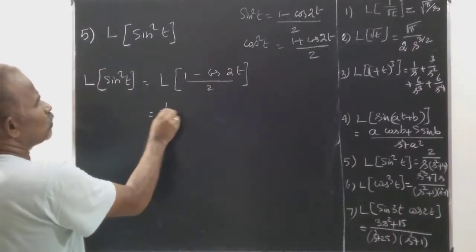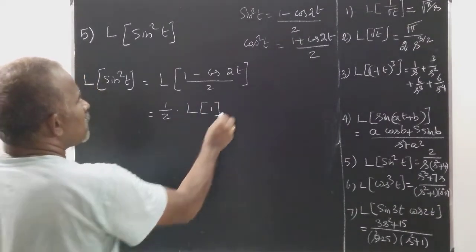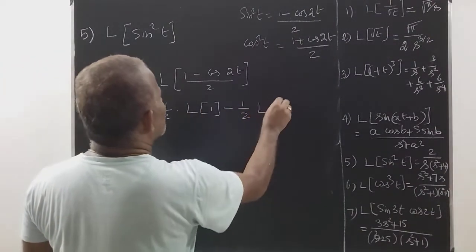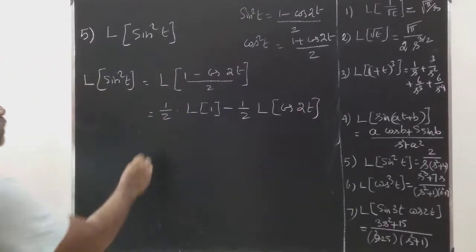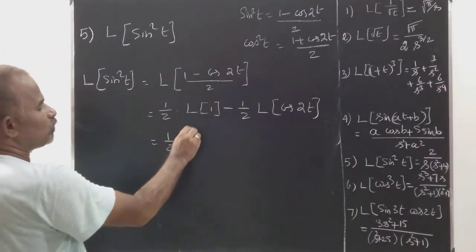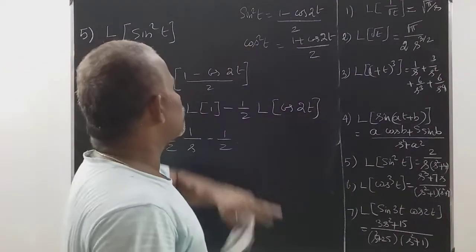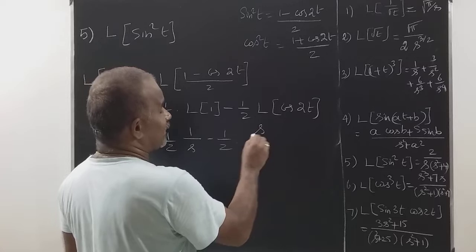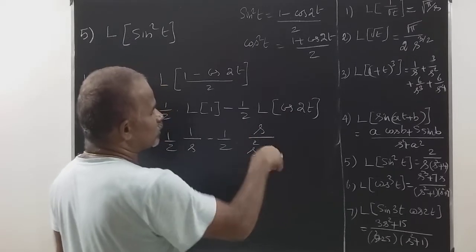This is equal to 1 by 2 into Laplace transformation of 1 minus 1 by 2 into Laplace transformation of cos 2t. Okay, so this is equal to 1 by 2 into L of 1 is 1 by s, minus 1 by 2 into cos 2t is equal to s by s square plus a square, which is 4.